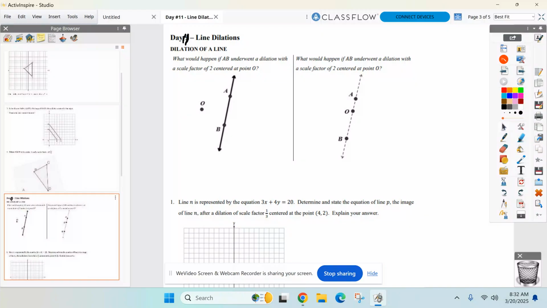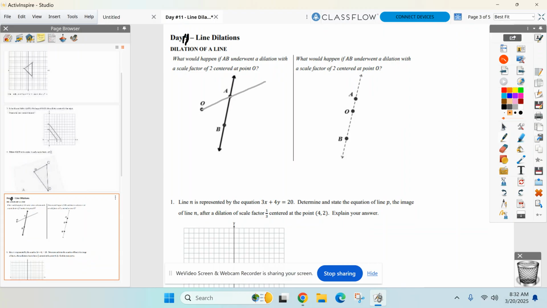Very lightly right now, kind of like we did the construction yesterday, with your pen or pencil, whatever you're working with, draw a line from O to A that goes through it. On that line, eyeball where you think A prime is going to be, because it's going to double that distance.